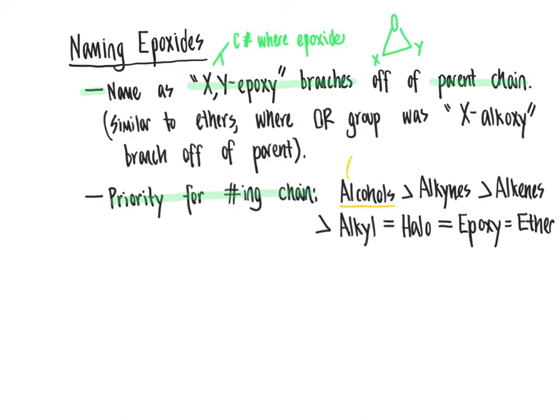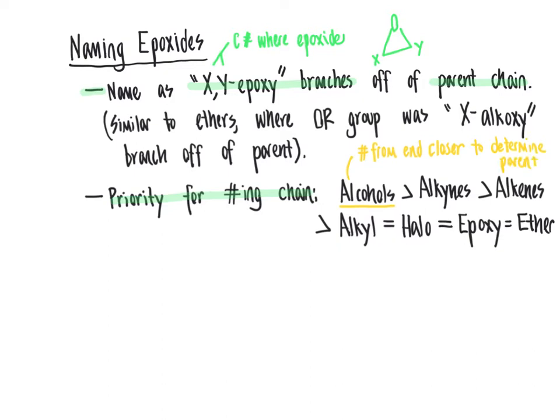So you would start numbering from the end closer to the alcohol, even if there is a halogen closer to the one end of the molecule, or an epoxide group or an ether. Start from the end closer to the alcohol when numbering the parent.